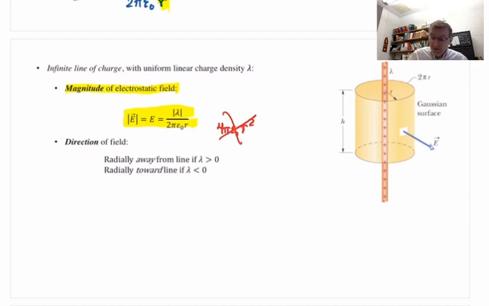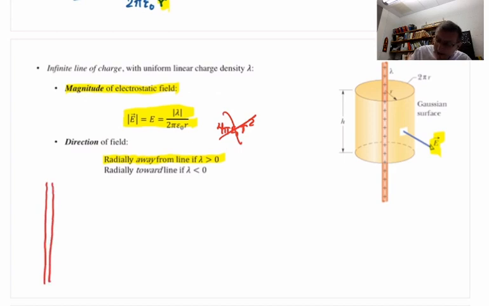Now we do have to account for the direction of the electric field. It's radially away from the line if the lambda is positive, just like this picture shows, right here. But what if the line that you had, the line of charge, draw it over here, had negative charge distributed uniformly along its length, so that the lambda we're talking about would be a negative number in coulombs per meter?